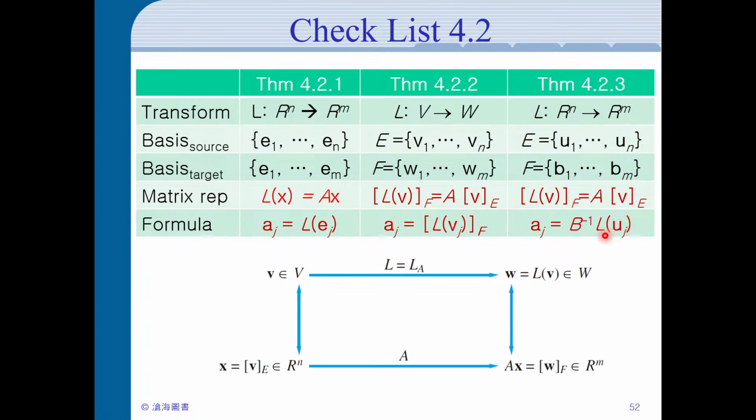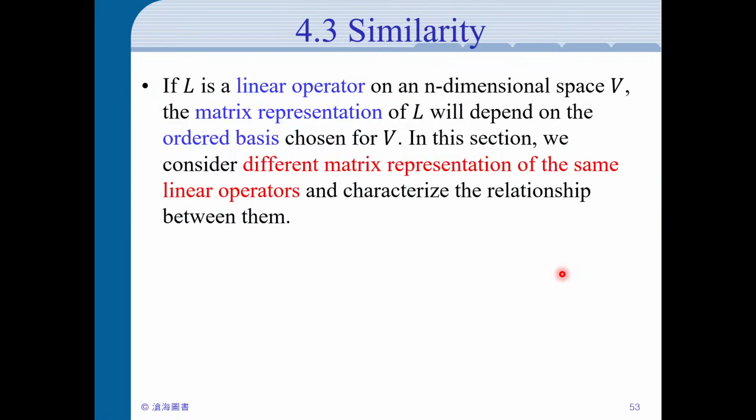That gives a vector in terms of the standard basis in Rm, and you want to find the coordinates in terms of F. Then you apply B inverse. Okay, so that's 4.2. No questions? Then let's go to 4.3.